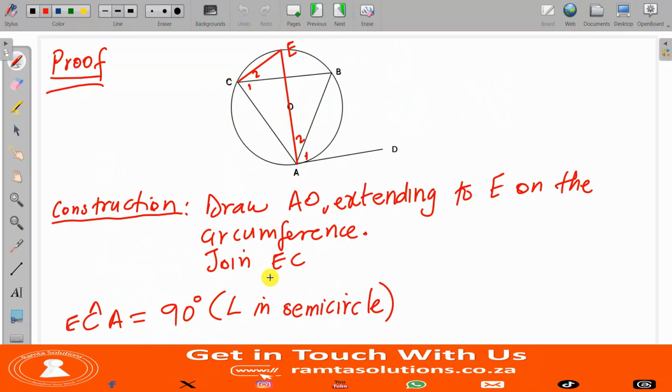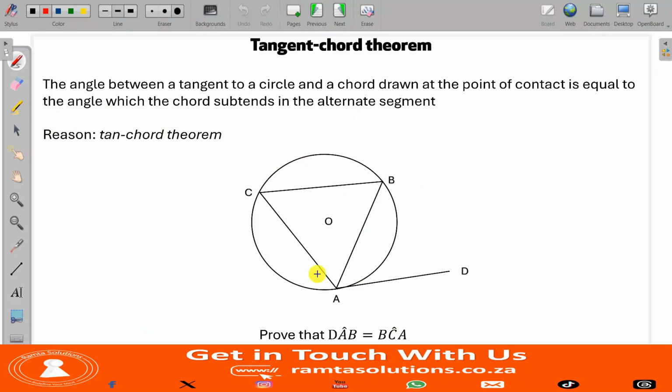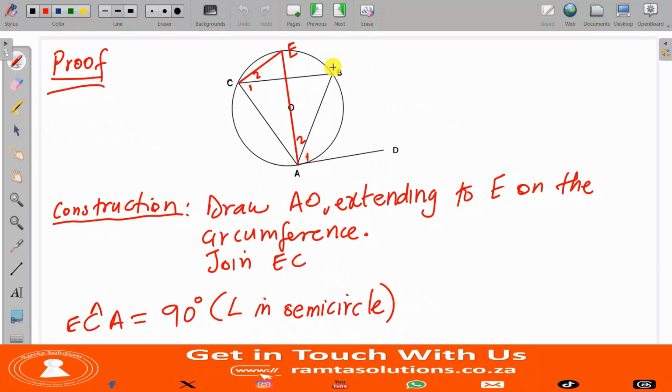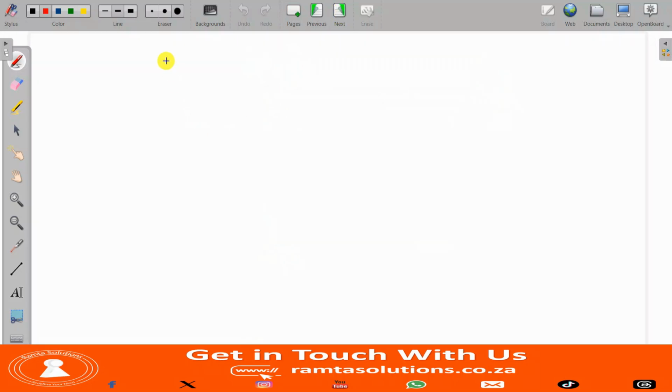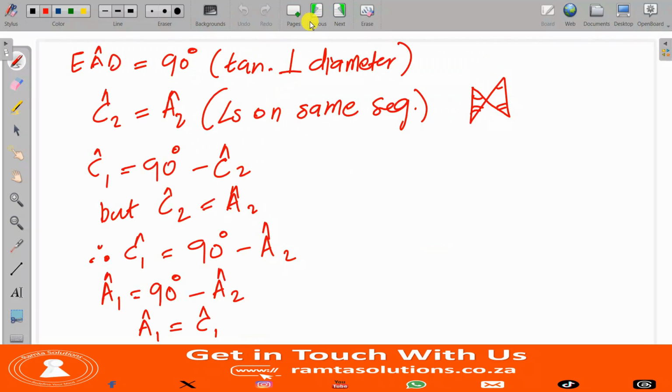Let's go check it out. Angle A1. What did we say angle A1 was? As you can see, angle A1 is here. It is equal to angle, which one are we proving? Angle DAB. Can you see it? So we call it angle DAB. Angle DAB is equal to angle C1.